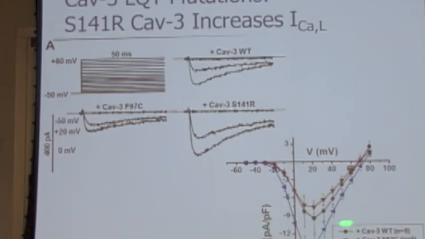So now there was something that may be consistent with the long QT effect, more inward L-type calcium current, perhaps contributing to a longer plateau phase of the action potential. And you can see those larger currents here with the S141R.